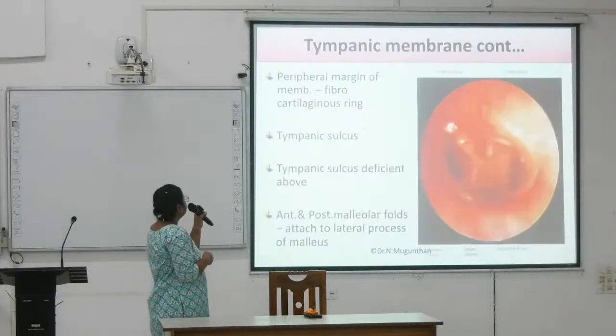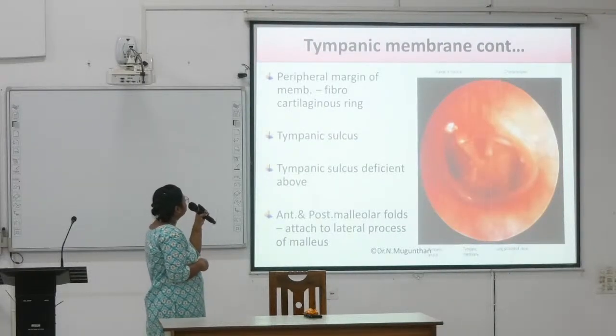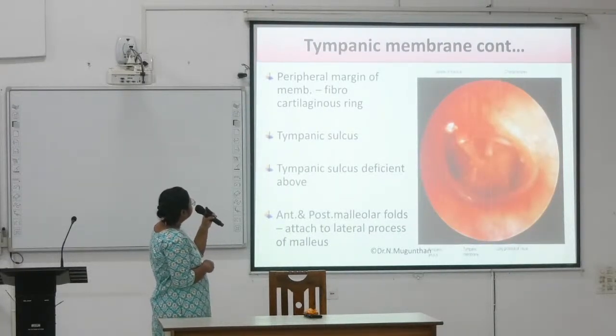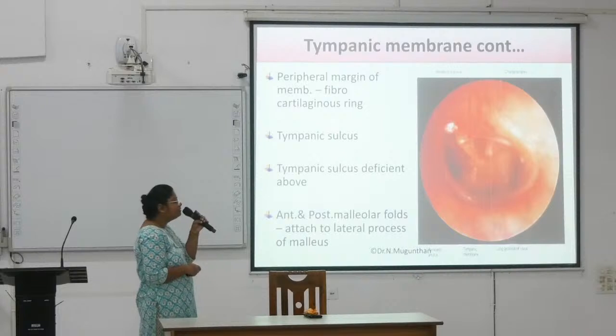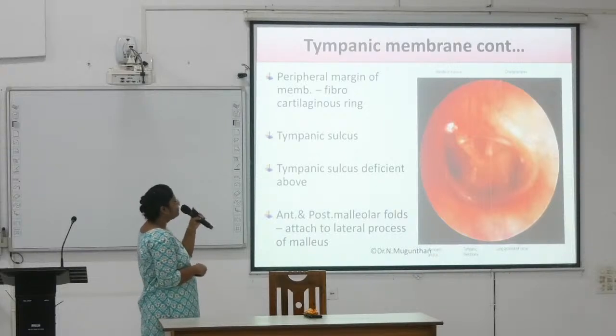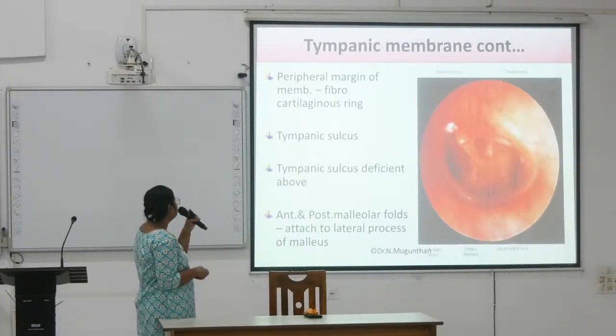Next, at the peripheral margin of the membrane there is a fibrocartilaginous ring. This ring is attached to the tympanic sulcus within the temporal bone, and the tympanic sulcus is deficient above.